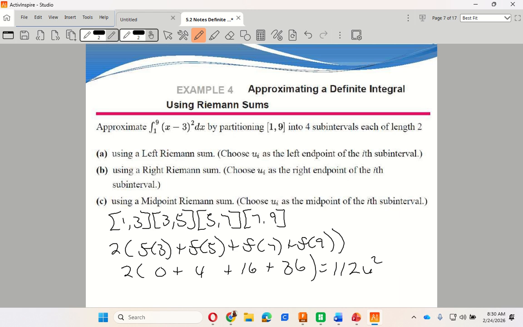Now, next one, slightly different. But this one's a lot different than my left hand, right? What would be the reason for the left hand and right hand being so different? Rectangles are really big. Underestimate, right?